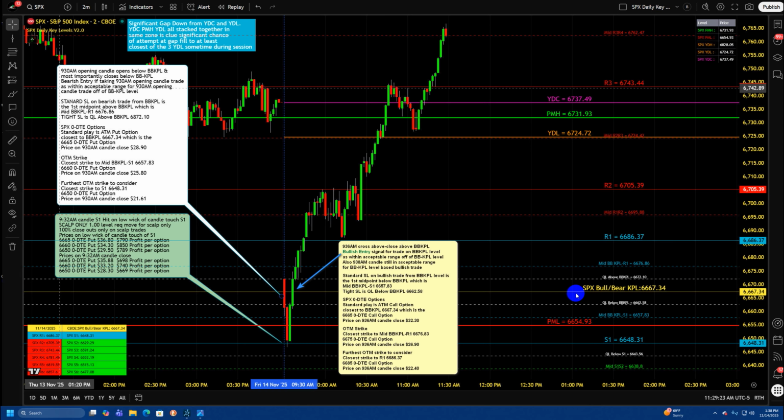Okay, so how you figure that out with this indicator is you simply look at the level that you're taking the trade from, in this case the bull-bear KPL, and the direction of the trade. It's bearish, so we're going to look down. You go to the first midpoint below the level you're trading. In this case, that's this midpoint level, and that is 66.5783.